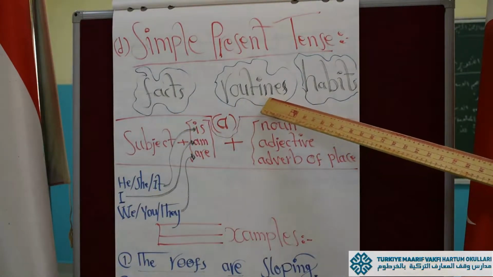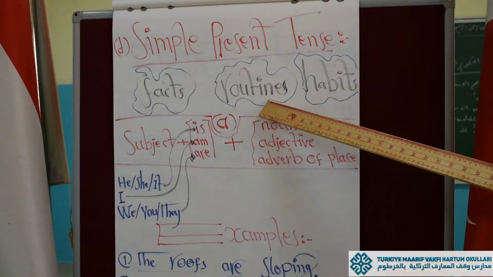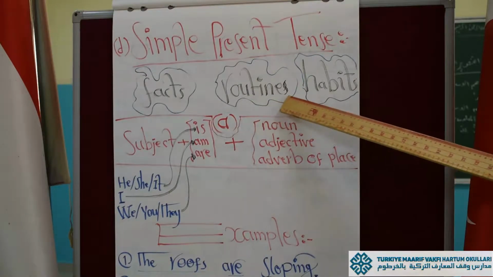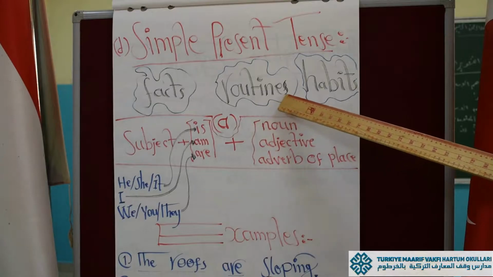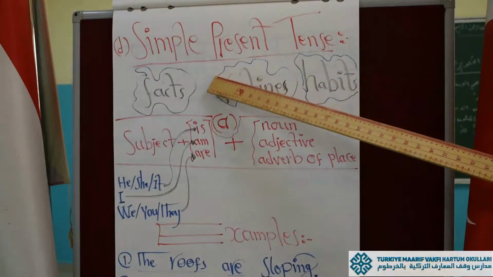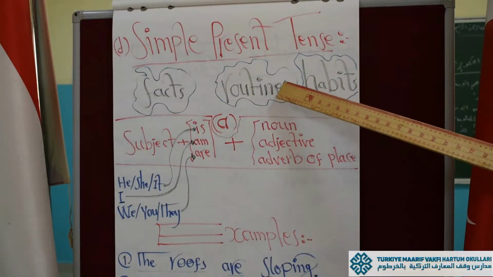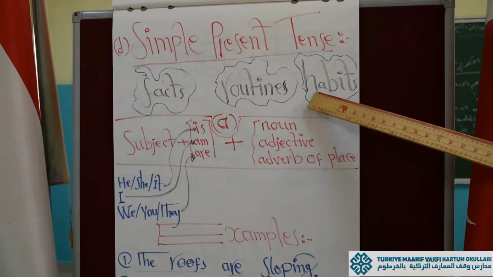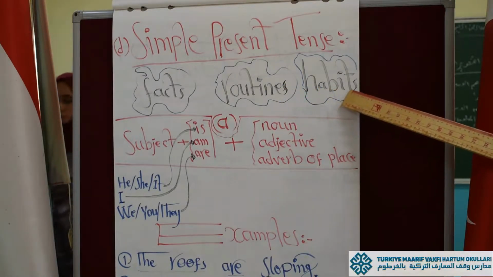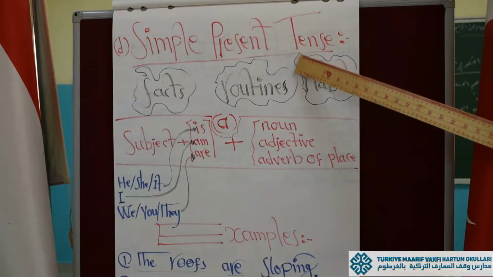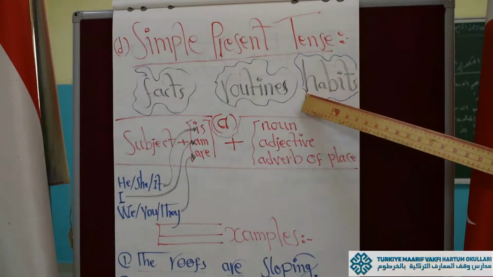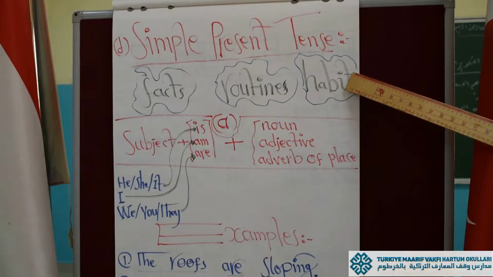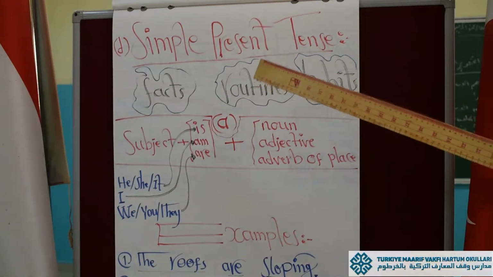But also it is used to express routines or to talk about routine actions, activities which are repeated from time to time, never stop by the time. It is not only that, but also we use it to express habits. Habits, we have habits and traditions which we keep forever, maybe, so never change by time.